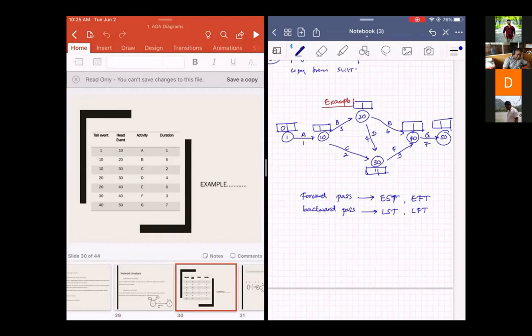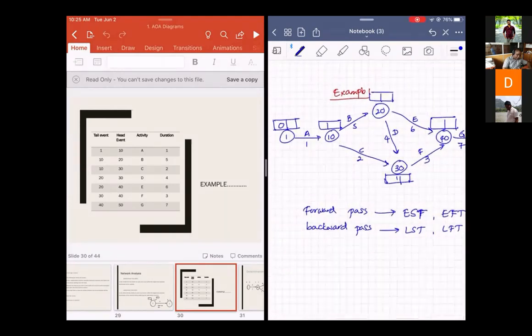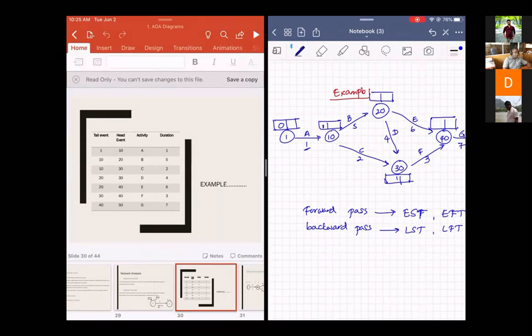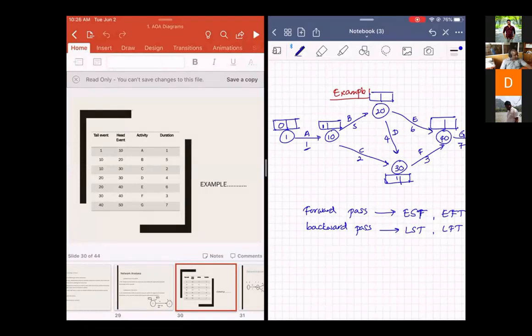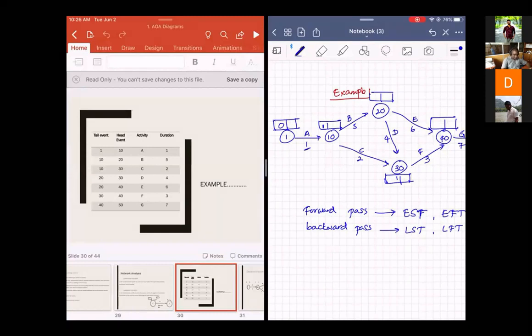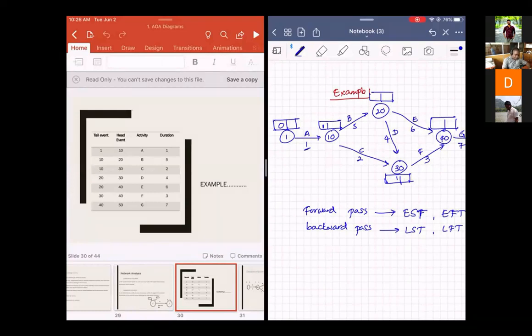Activity A starts at day 0 and the duration is 1. So the earliest possible time that activity A can finish is 1. So here you can have 1. Earliest start time of activity A is 0.